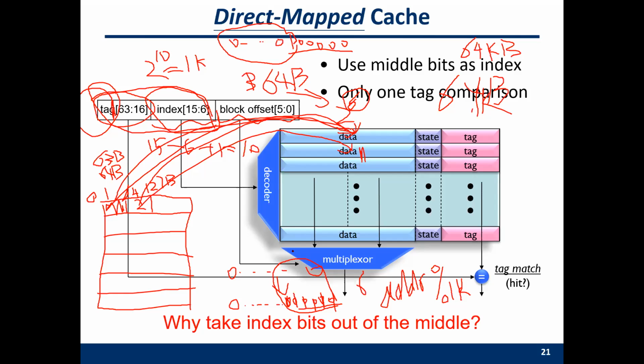Because the first several blocks will compete for the first line. Only one of them can be stored in the first line, and this is not good if you have strong spatial locality. Any questions about the direct mapped cache?